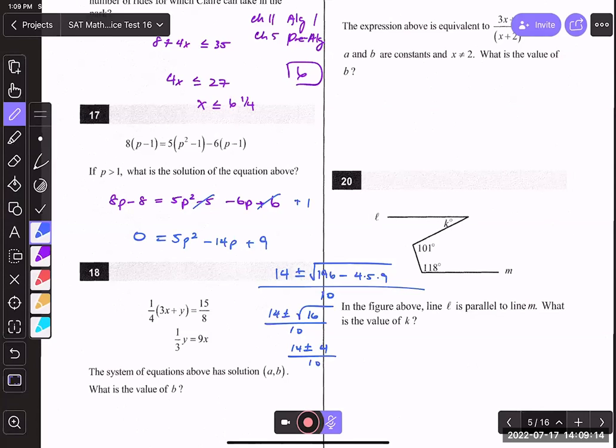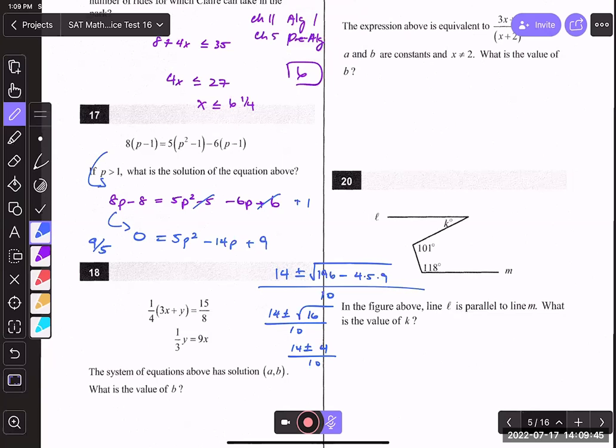So our answer here is 18 over 10, which is 1.8 or 9 over 5. You cannot enter 18 over 10 into your answer sheet because it's not a simplified fraction. Always make sure it's a simplified fraction, but 9 over 5 is the correct answer here.